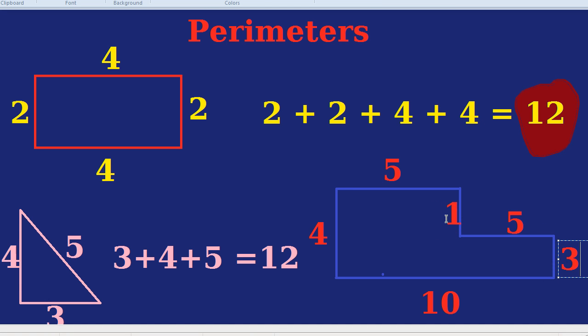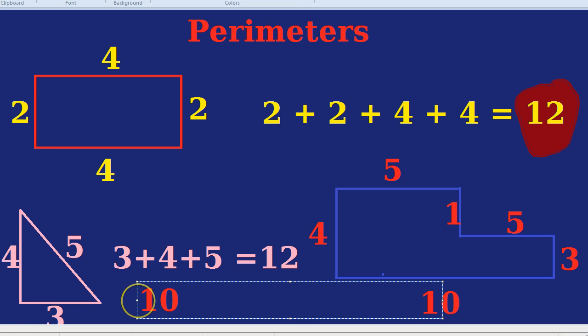Now we can work out the perimeter, which is every single side added together. It is 10 plus 3 plus 5 plus 1 plus another 5 plus 4.